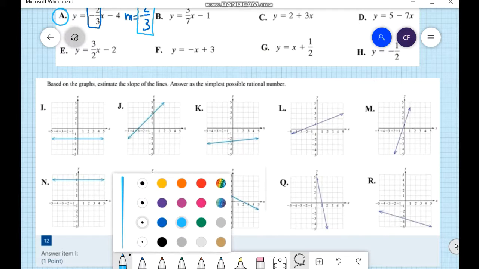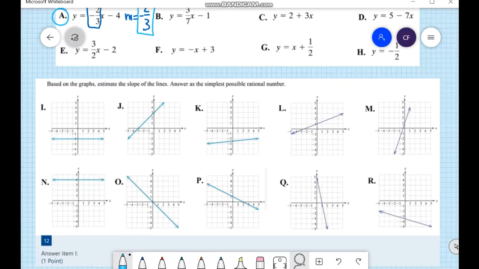But here you have to check rise over run. So I have here rise over run, and you count 1, 2, 3, 4, 5, 6, 7. This is the rise. So m equals 7 over, and then you count the run: 1, 2, 3, 4, 5, 6, 7. 7 over 7.